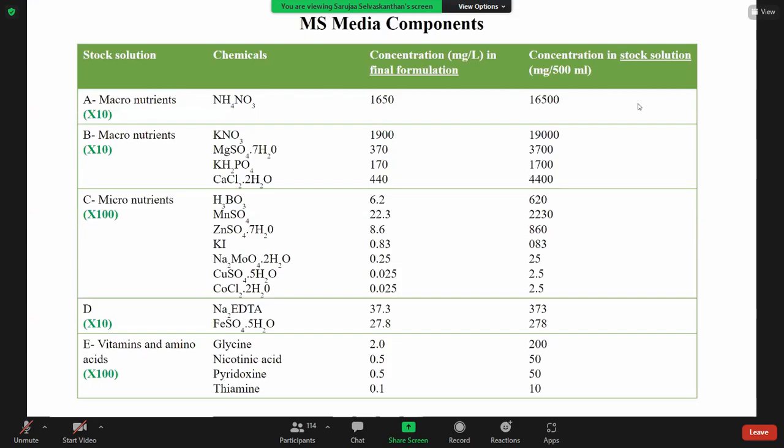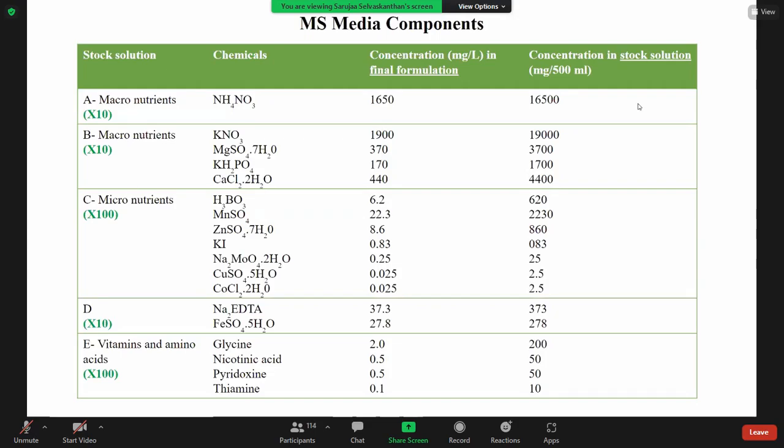Then the magnet automatically starts to stir the solution, and we stir it well until it fully dissolves. Thereafter, we can take it and label it, and if it is a conical flask, we can cover it with aluminium foil and keep it in the refrigerator, right? The stock A is simple.